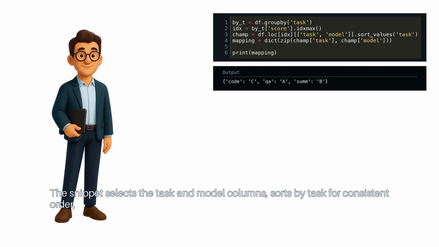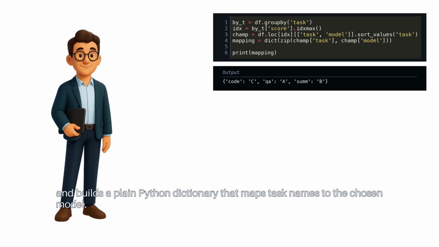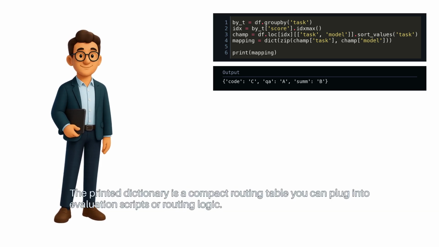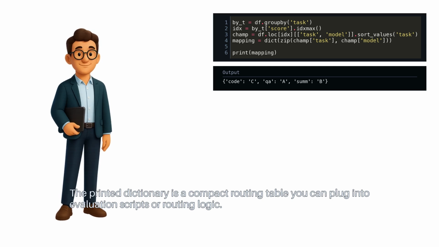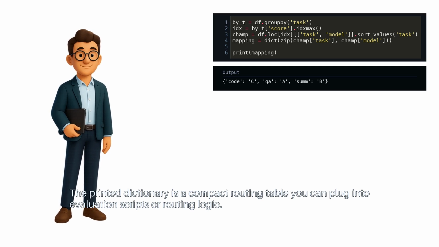The snippet selects the task and model columns, sorts by task for consistent order, and builds a plain Python dictionary that maps task names to the chosen model. The printed dictionary is a compact routing table you can plug into evaluation scripts or routing logic.